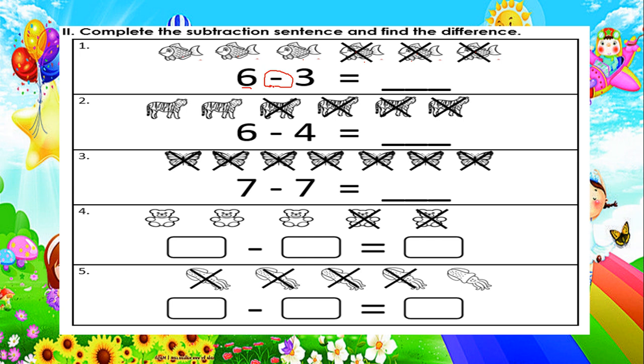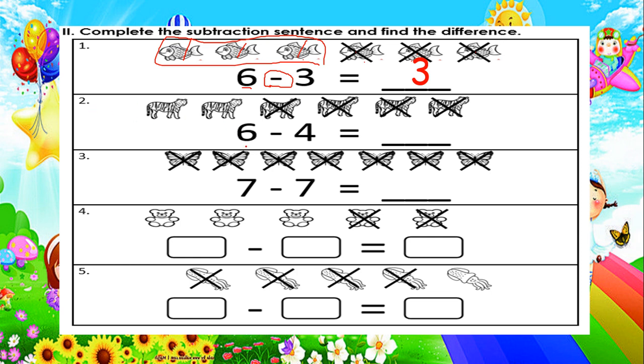So 6 minus 3 equals how many fish left here? Okay, so you have 1, 2, 3. So 6 minus 3 equals 3.